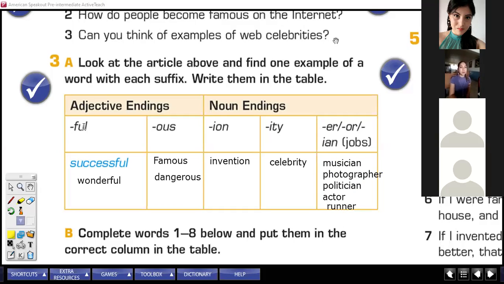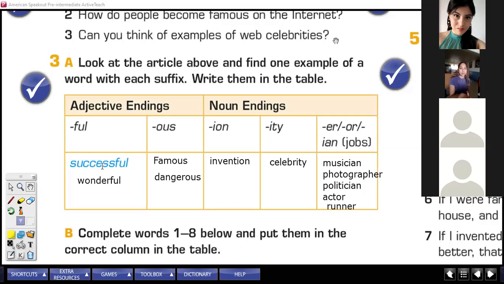When you have full, it's usually an adjective. If you see the word successful, you may not know what it means. But if you remember that full is for adjectives, you can recognize that you are describing something. Do you know this word? ¿Saben qué significa esta palabra? Exitoso. So that is an adjective.